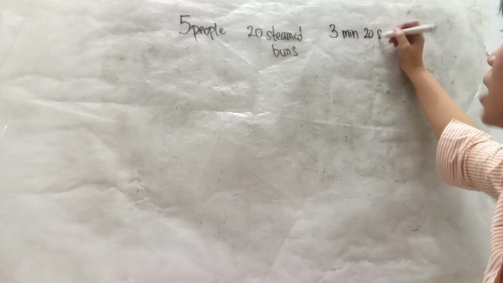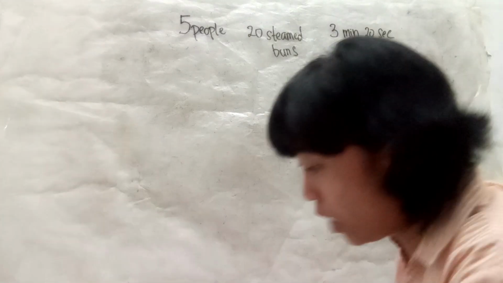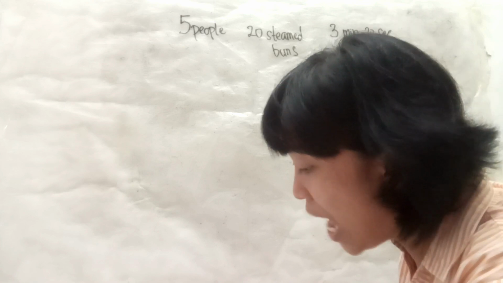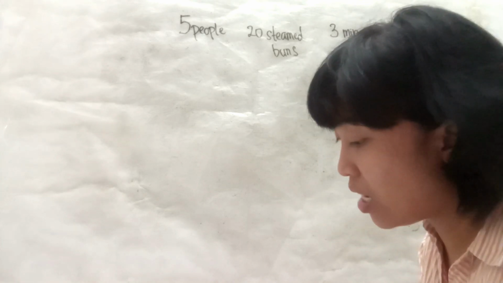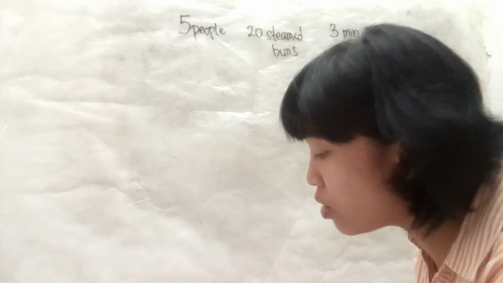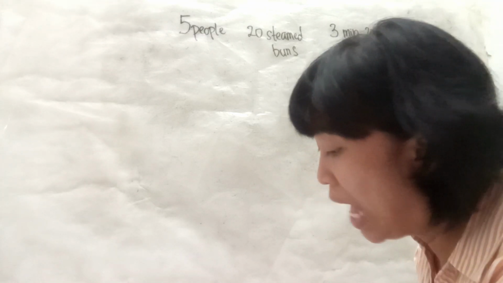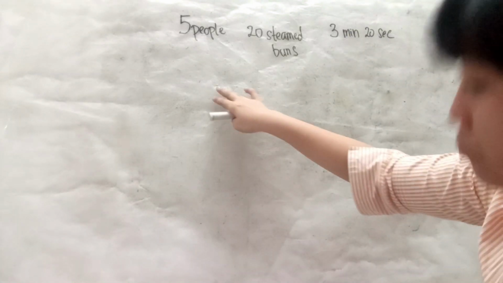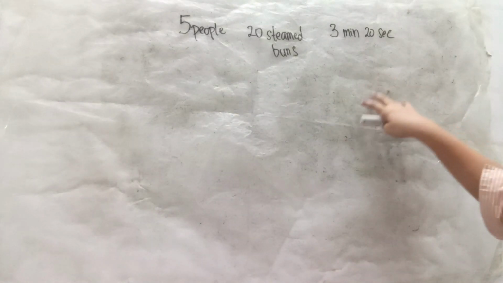Then, assuming that everyone consumes steam buns at the same rate and that the rate of consumption remains constant throughout the competition, find the number of steam buns for 10 people in 5 minutes.